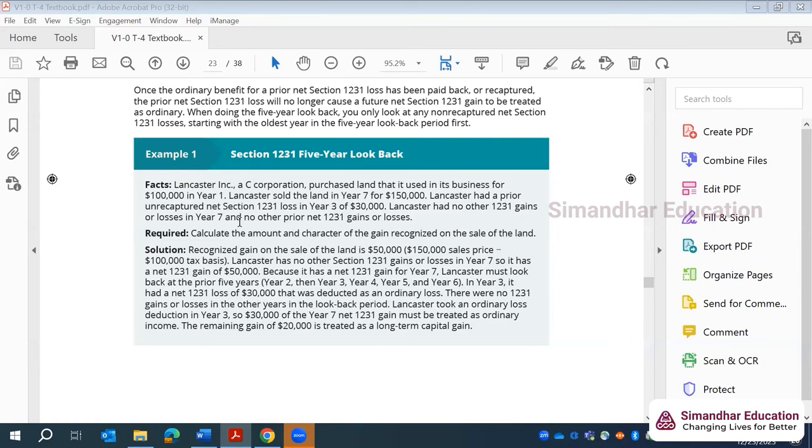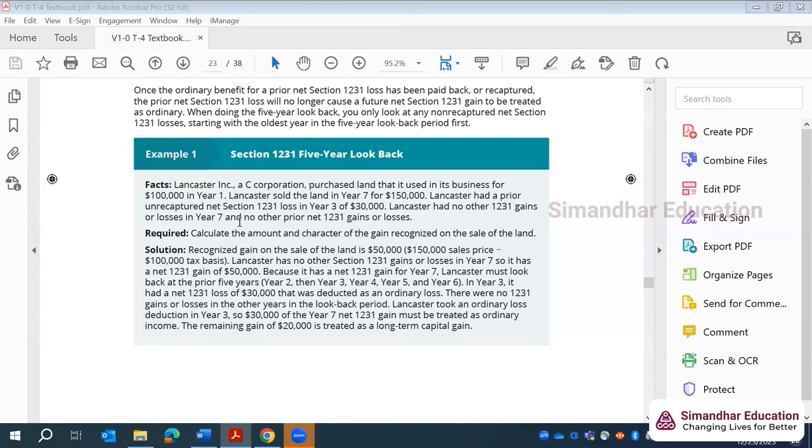Lancaster Inc., a C corporation, purchased land that is used in its business for $100,000 in year 1. Lancaster sold the land in year 7 for $150,000. Lancaster had a prior uncaptured net section 1231 loss in year 3 of $30,000, and no other section 1231 gains or losses.